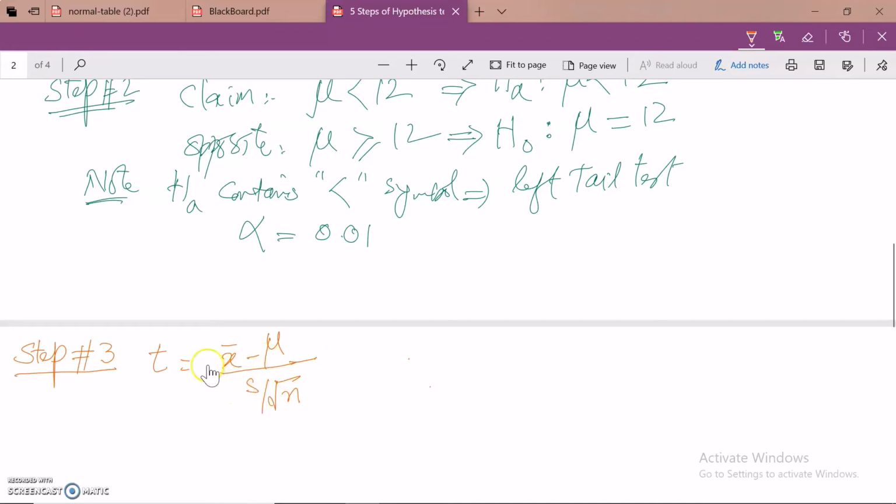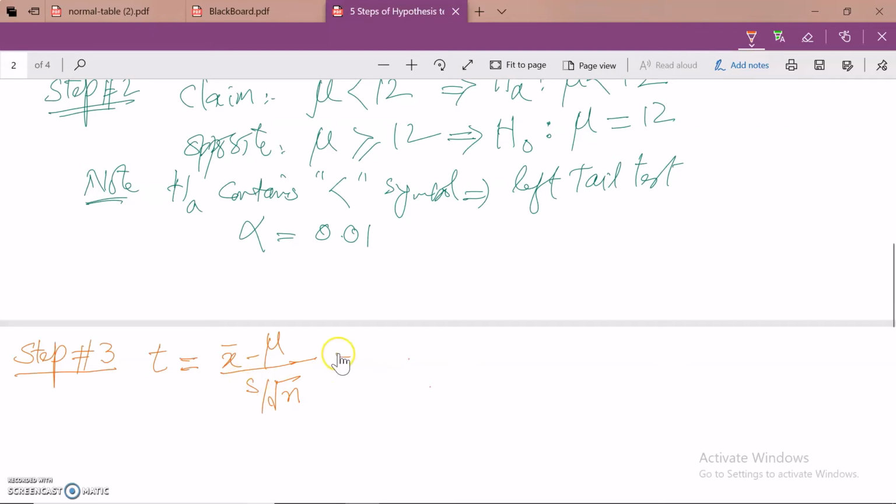Recall from my earlier discussion that this is a T test statistic instead of a Z test statistic. Why? Because we don't know the population standard deviation, and we are approximating it by a sample standard deviation, and the resulting distribution is a T distribution rather than a Z distribution.